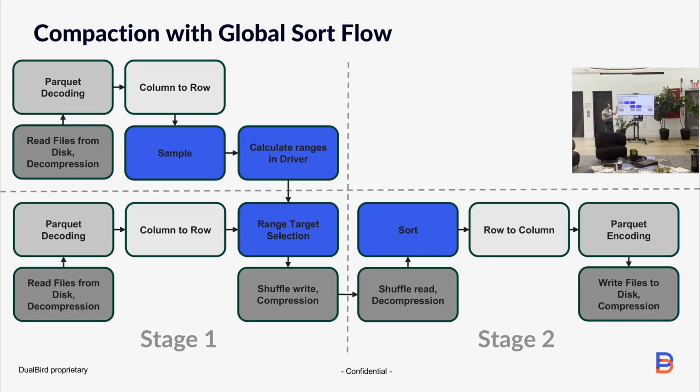Each executor sends these rows to the Spark driver, where the driver determines the ranges for the global sort. Only then can the actual job begin anew. This is so inefficient. All Spark had to do to make this much better is read only the fields that are actually needed for the sort, only the sort keys. But Spark actually reads the entire data here. So in this kind of job, just the global sort, Spark reads all the data twice.